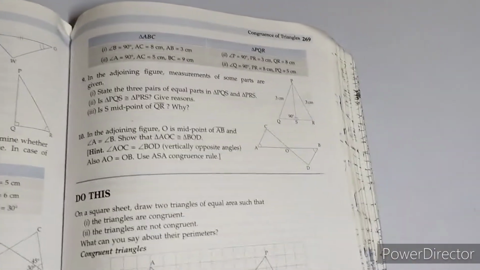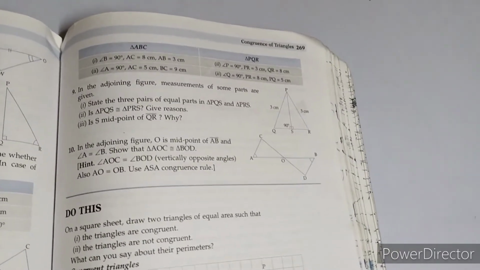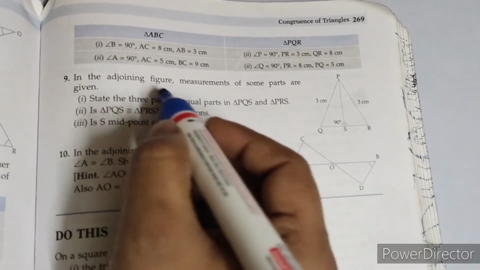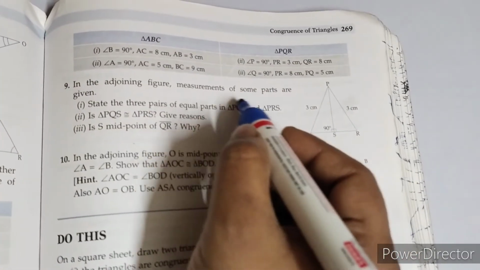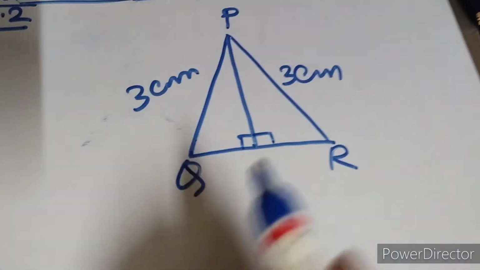So here I am showing you another example. This example I am taking from ML Agarwal class 7's book. The exercise is 12.2 question number 9. See, what is the question? In the adjoining figure, measurements of some parts are given. This is the figure, I have drawn it here also.